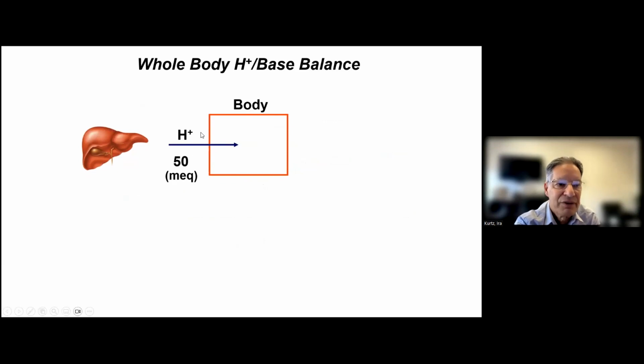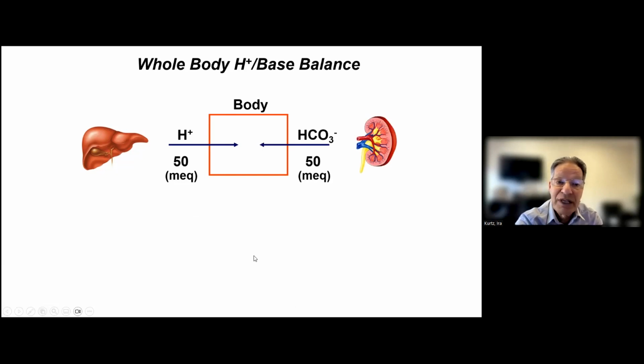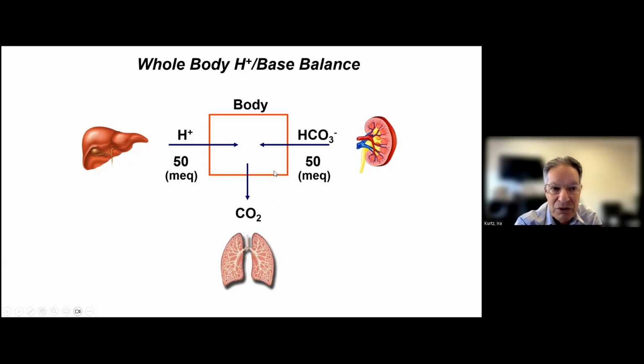Again, the anion is chloride or sulfate, hydrochloric or sulfuric acid. But our bicarbonate stays at 25. So the way this works is the kidney actually is a bicarbonate generator. It generates the amount of bicarbonate needed to match the daily hepatic proton load. And that then creates carbon dioxide, which your lungs get rid of, but your blood bicarbonate stays at 25.